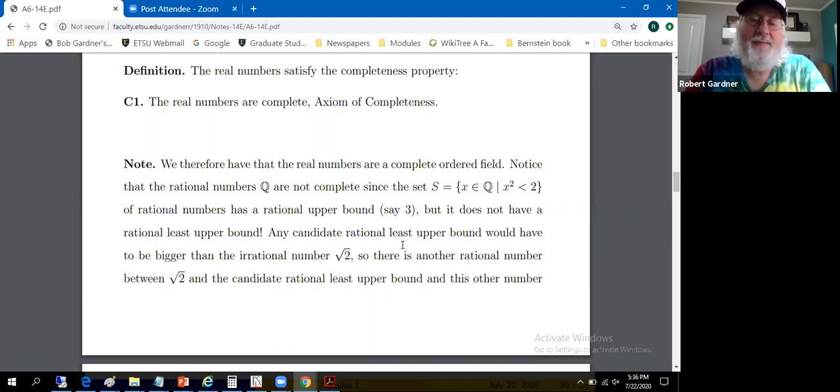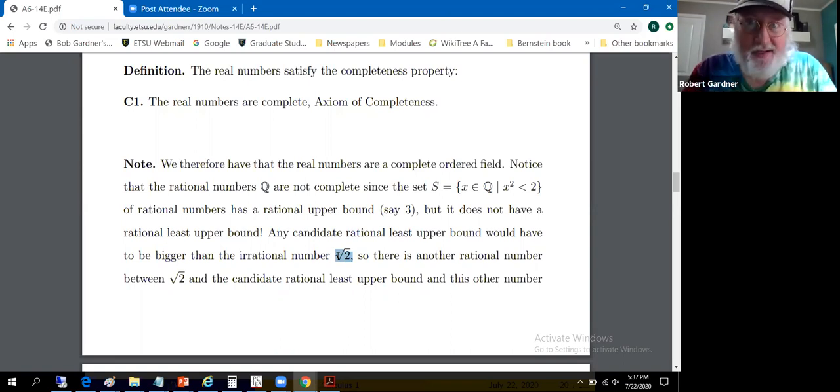Any candidate rational least upper bound would have to be bigger than the irrational number square root of 2. But then there's another rational number between square root of 2 and this candidate that's also an upper bound for this set. Remember, if we restrict our attention to the rationals, the square root of 2 doesn't exist in that setting, because there's a hole in the rational numbers.